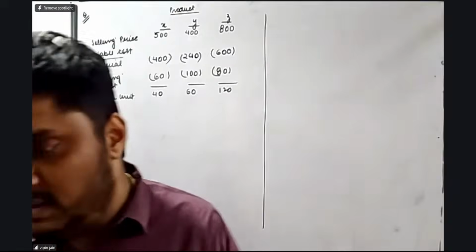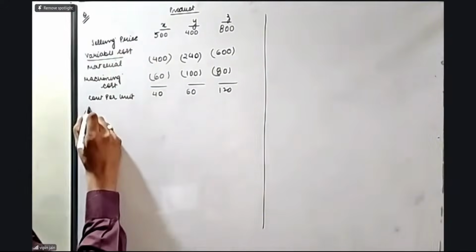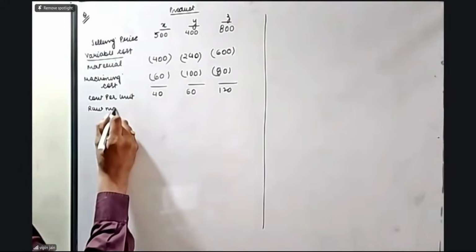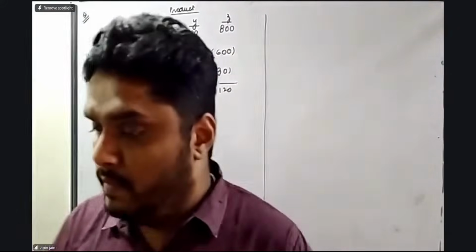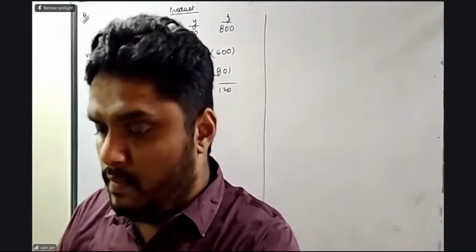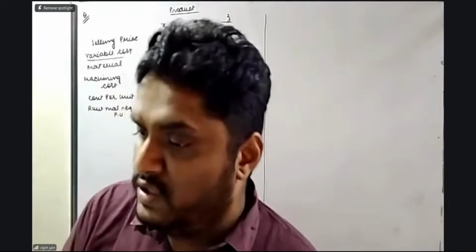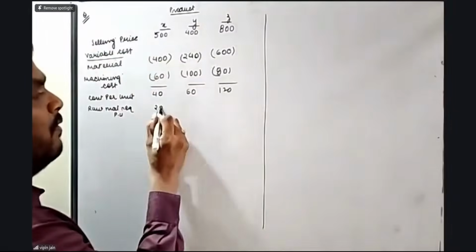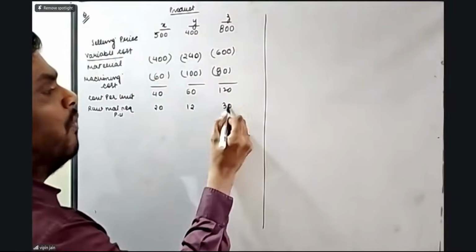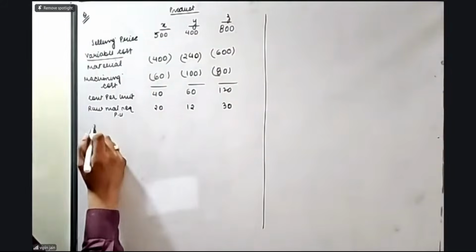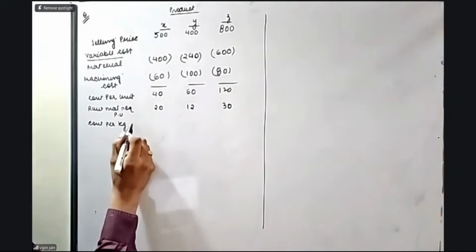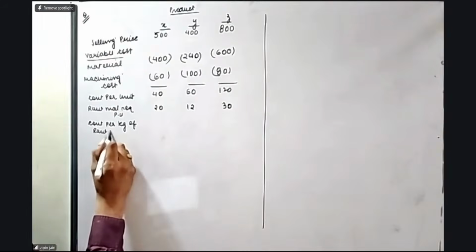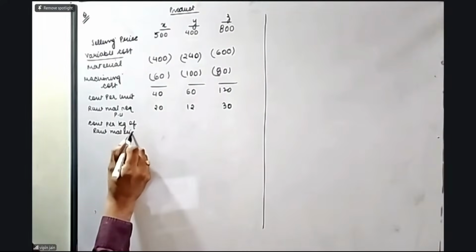What about other students? We have the raw material required per unit, that is 20, 12, and 30. So which product will we manufacture?